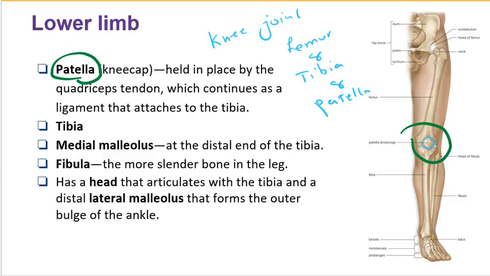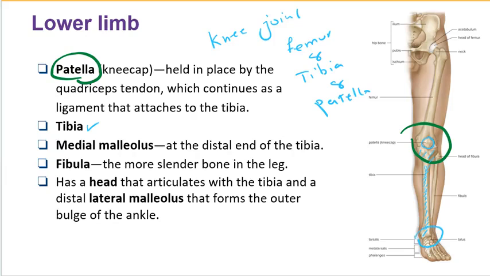Okay, so then we talk about the tibia, which is the medial bone in our leg, and a very thick bone. It transfers the weight from our hip to the femur and from the femur to the tibia, and is involved in making our knee joint and also the ankle joint.